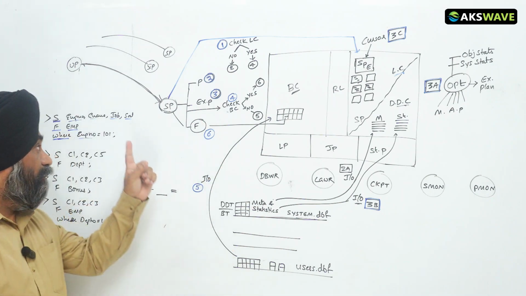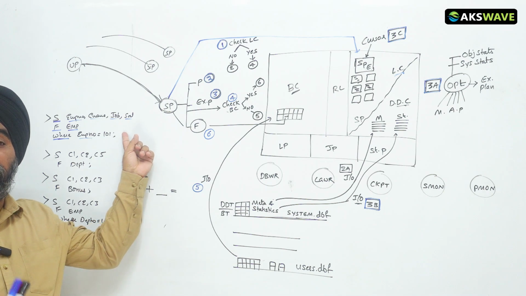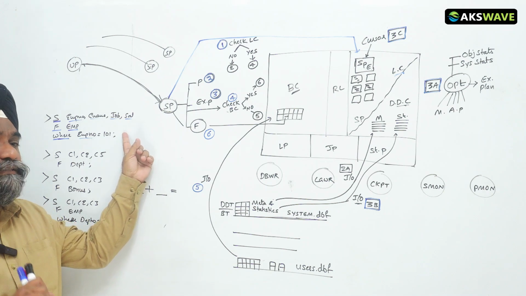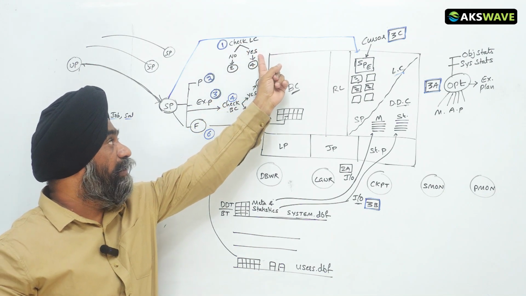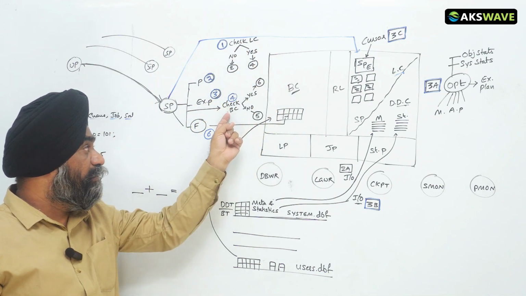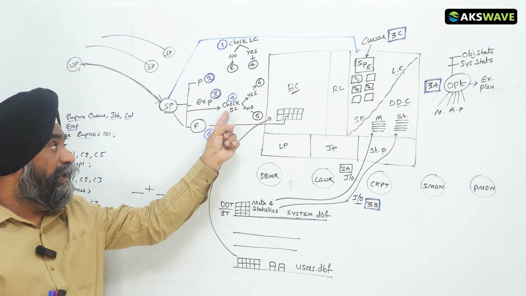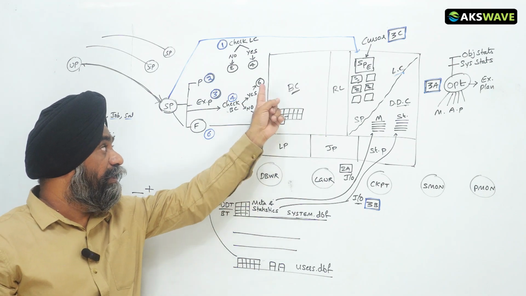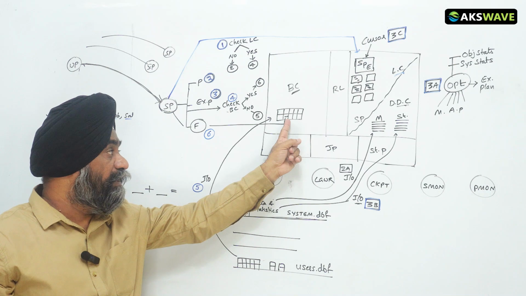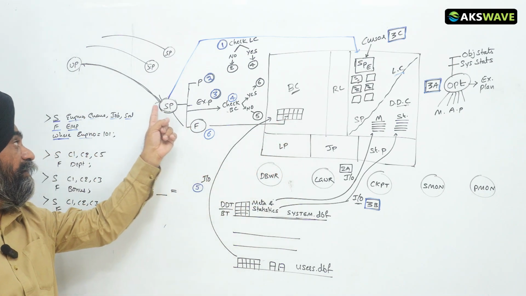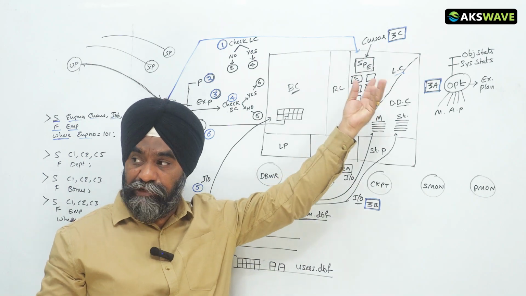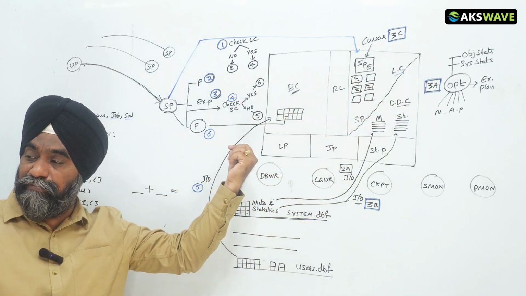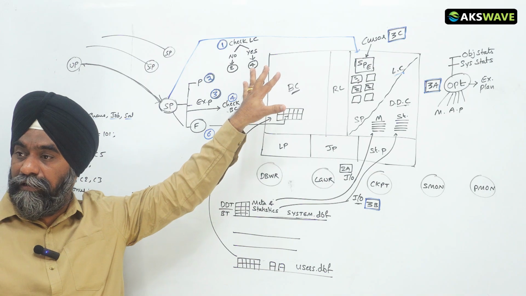Please understand, if I resubmit the same statement again and again, what is happening? First, I'm going to check in the library cache. As I found it already, I'm simply jumping to check where? Buffer cache. As I found it already here, what am I doing? I'm simply taking the value from there and returning. So I found the parse code, execution plan, and also my table data in memory. Yes or no?